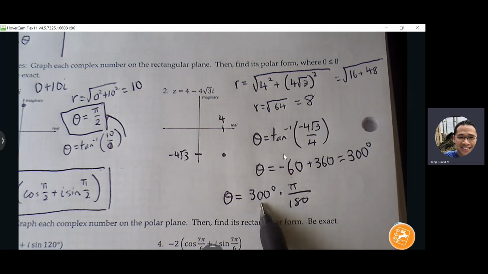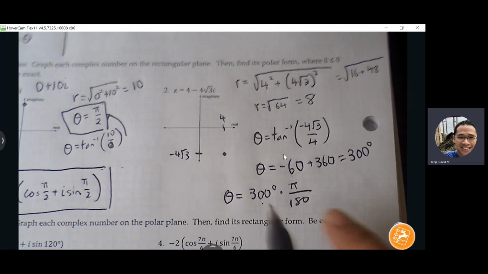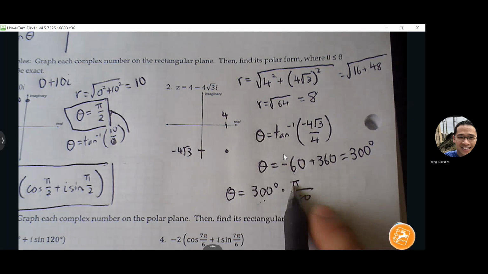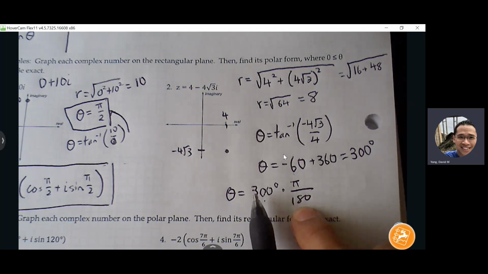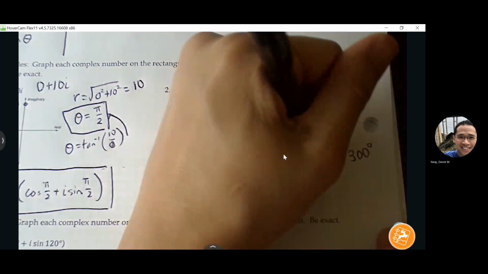So if you recognize this as 5 pi over 3, then you're welcome to do that. But if you want to confirm, you can also use this. And if you do this in the calculator, just do 300 divided by 180. That pi is going to throw you off. So 300 over 180 will get you to that fractional value that you recognize.